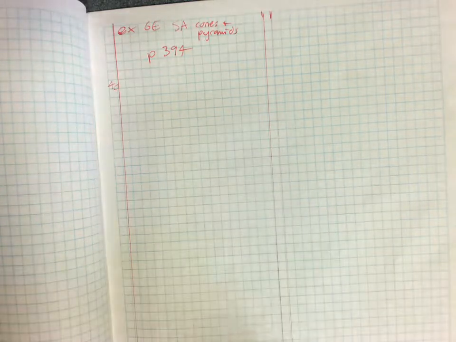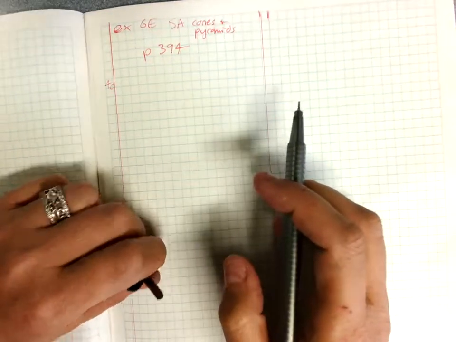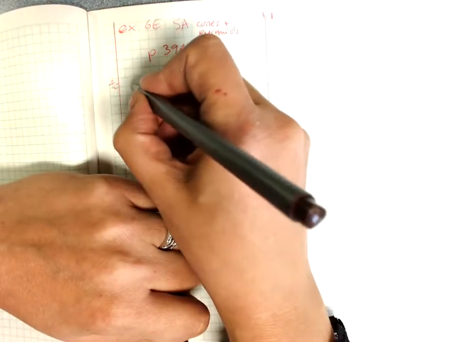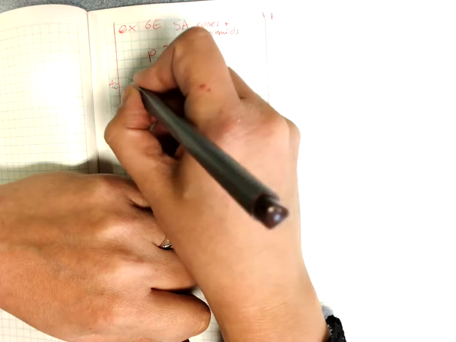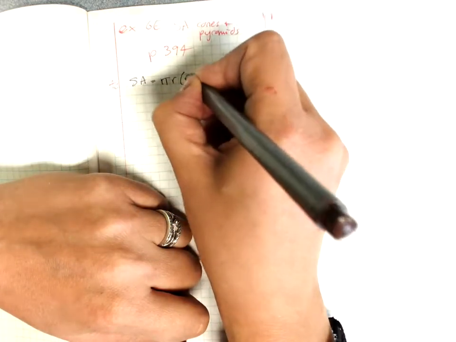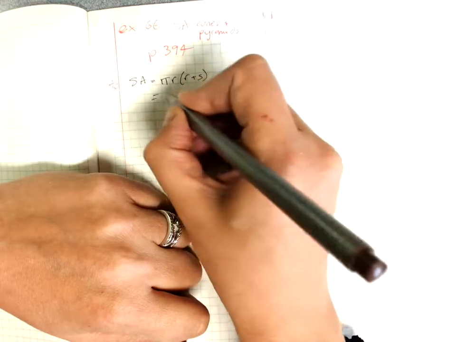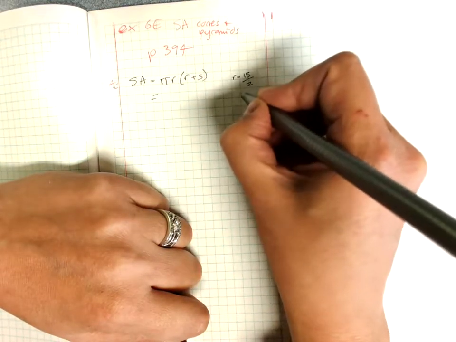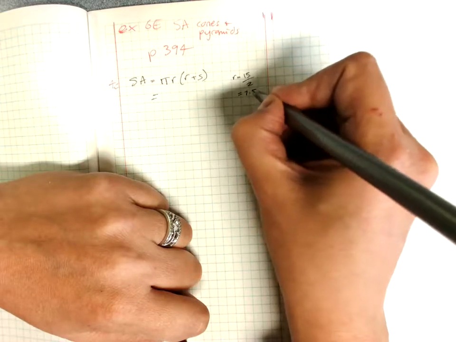Okay, I'm just going to work through exercise 6E really quickly. So, finding the surface area of a cone. They've given us the diameter, so make sure you get the radius.